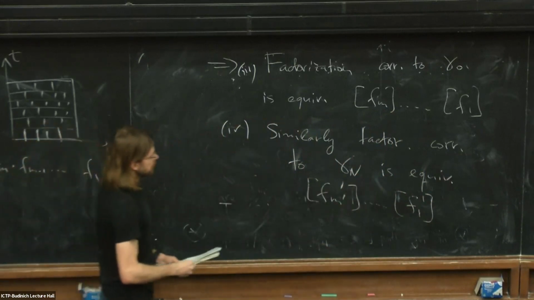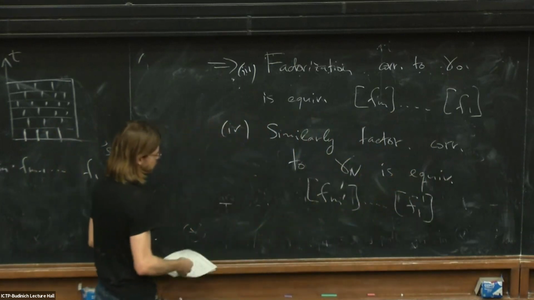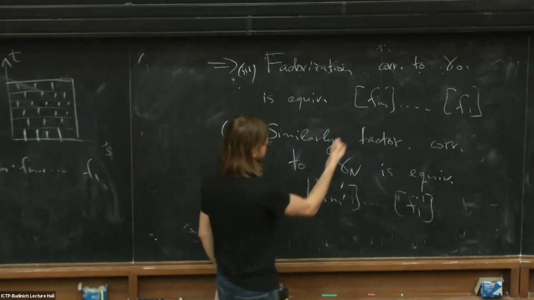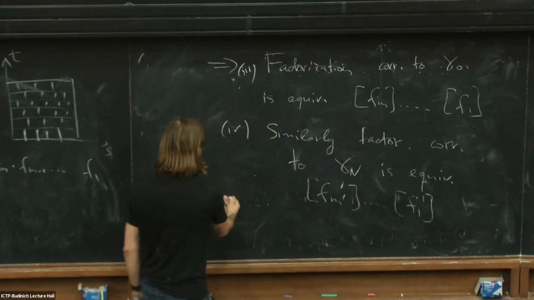Since we showed that if we increase this index of gamma by 1, we change the factorization by an equivalent one. This means that these two factorizations are indeed equivalent.